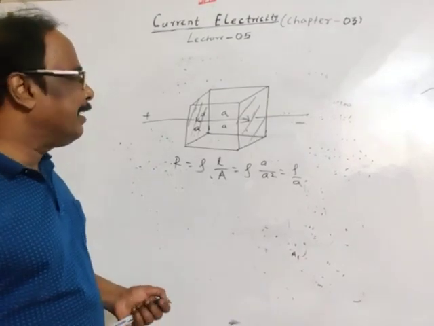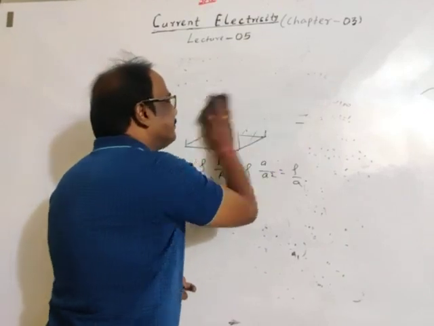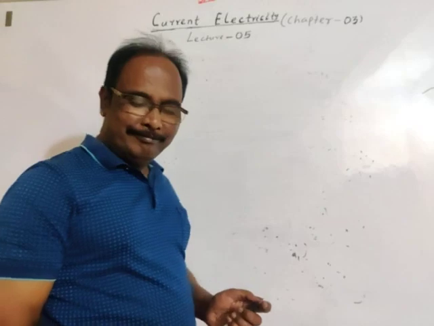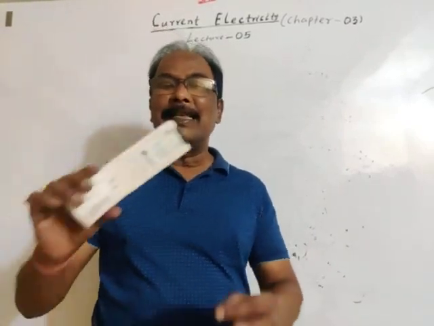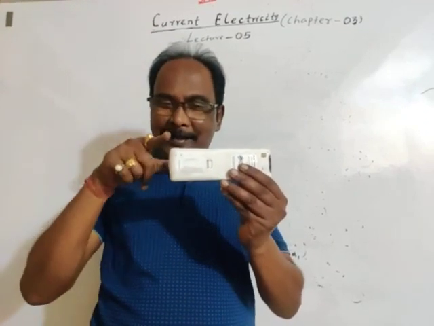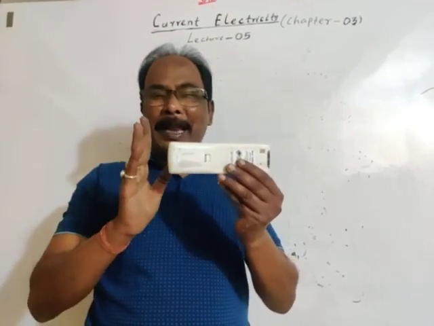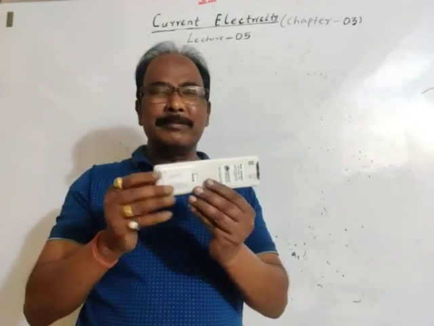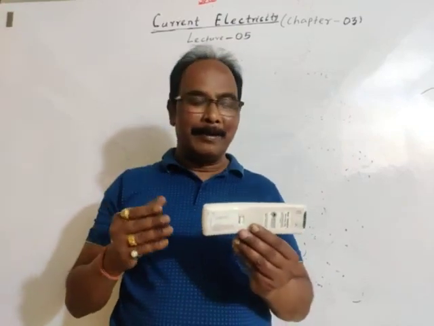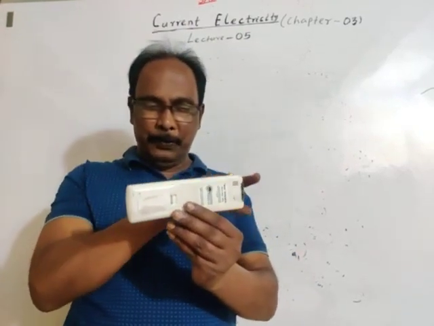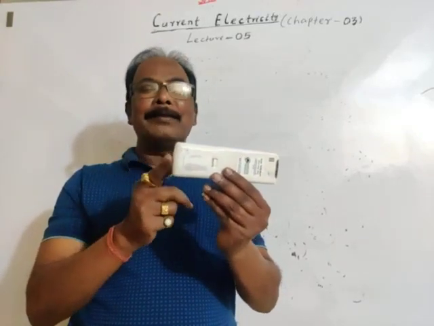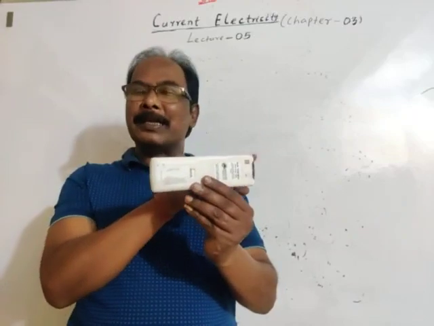Then let's consider now a rectangular block. Just think, this is a rectangular block with length, breadth and thickness. We may assume these are the two areas of cross-section and find the resistance between them.